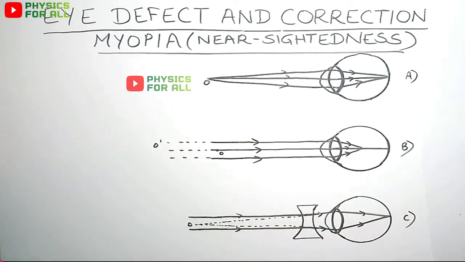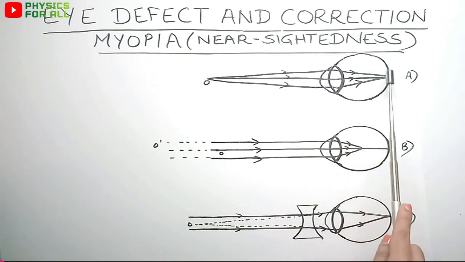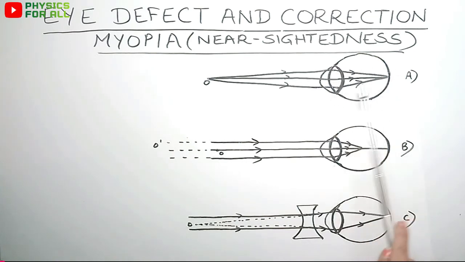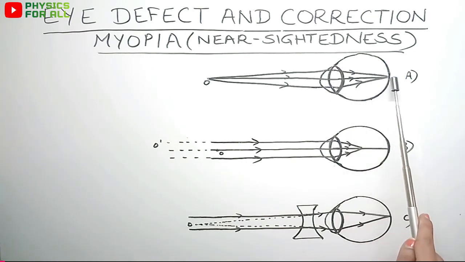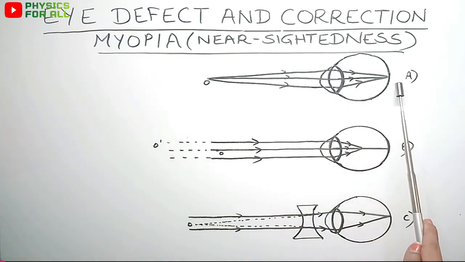As we discussed before, there are 2 points for a good eye. Our lens does the whole task; the role of the lens is to focus the image onto the retina. If the lens is able to focus the image properly on the retina, then we say that our lens is working properly and we have good eyesight.